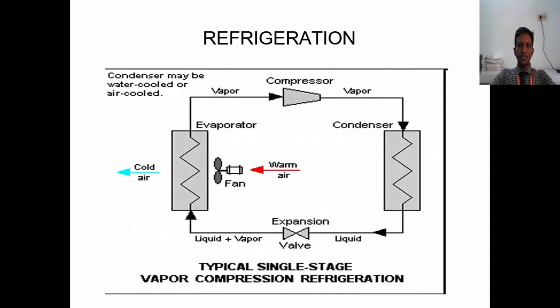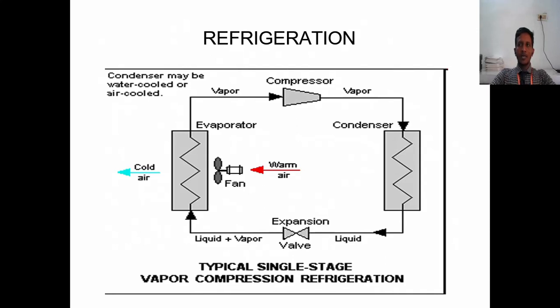Here I have shared the simple diagram of a single stage vapor compression refrigeration system. Here we have used a fan as a mechanical device in order to produce the mechanical energy to remove the heat from the lower concentration side, that may be done at the evaporator side, and then the refrigerant moves to the compressor.